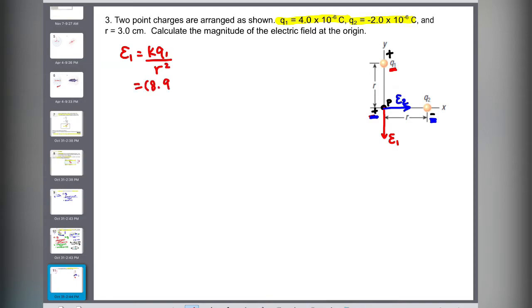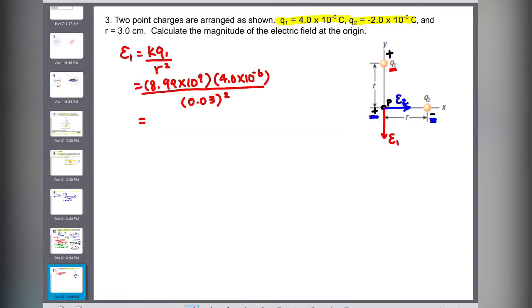So K, 8.99 times 10 to the 9. Q1 from the question is 4 times 10 to the negative 6. The distance between point P and Q1 is R. In the question, they told you that it is 3 centimeters, so I'm just going to turn it into 0.03 meters, divided by 100.